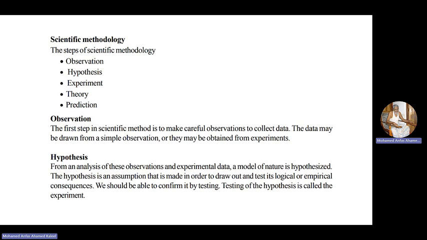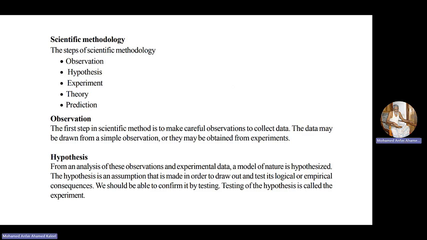The second one is the hypothesis. What is a hypothesis? From an analysis of the observation and experimental data, a model of nature is hypothesized. I will explain briefly in the next slides. A hypothesis is an assumption that is made in order to draw out and test its logical or empirical consequences.